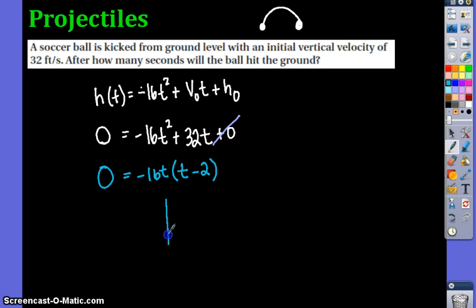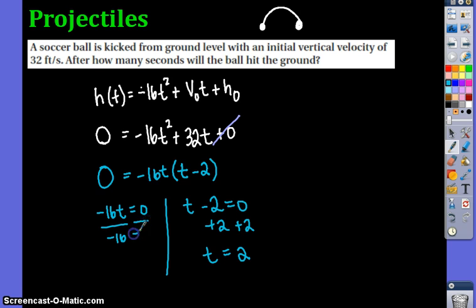Negative 16t equals 0, and, thinking ahead, t minus 2 equals 0. We add 2 to both sides, t equals 2, and we divide by negative 16, t equals 0. So our times are 0 and 2 when the ball is touching the ground.